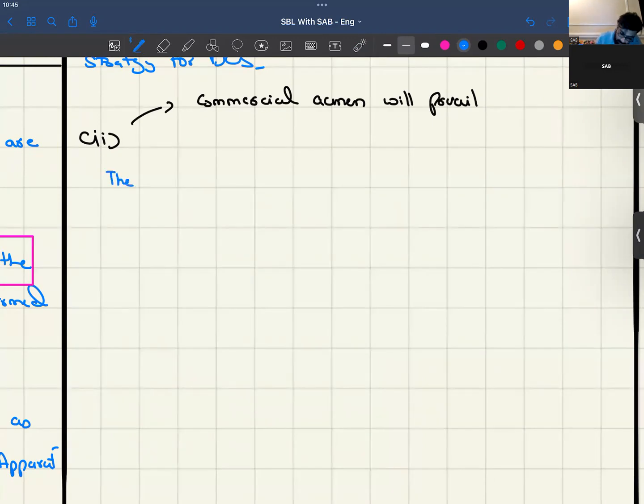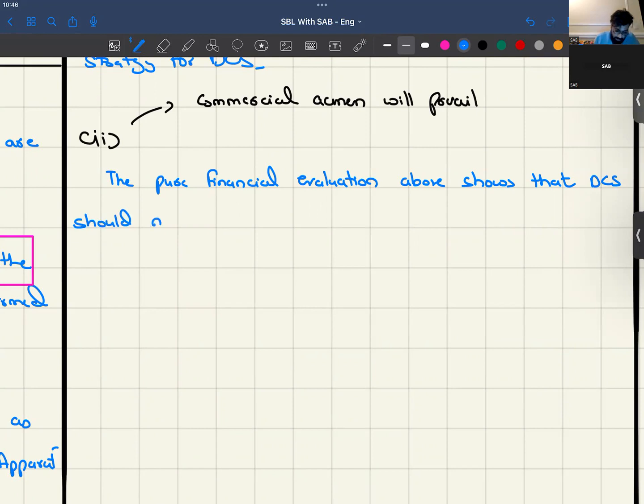So the pure financial evaluation above shows that DCS should not realign towards a higher value, more differentiated network support segment, right?